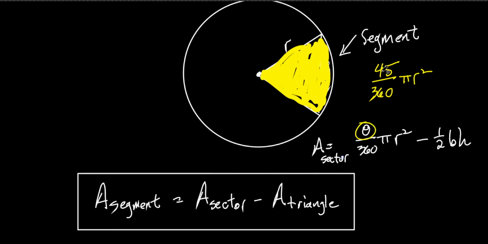So any general sector would be theta over 360 pi r squared. That's how you find the area of the sector, but that's not what we're trying to do now. We did that in the other example. We're trying to find what's left over. So let me get rid of all this yellow.